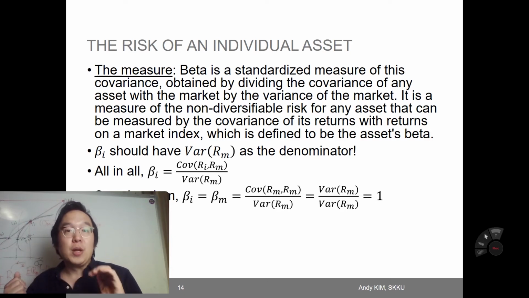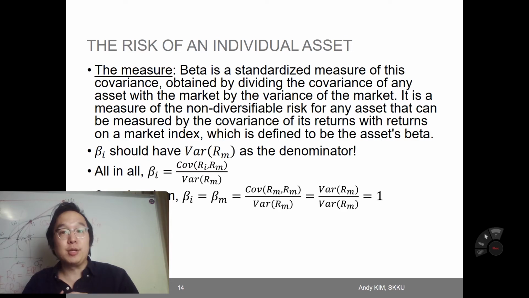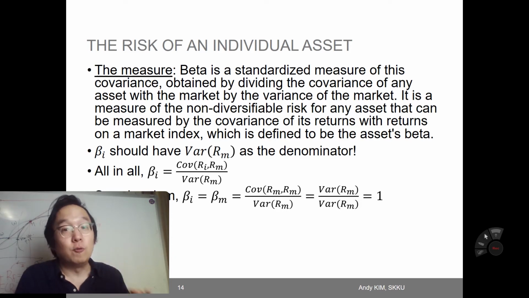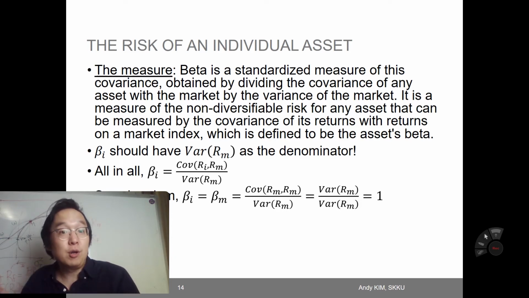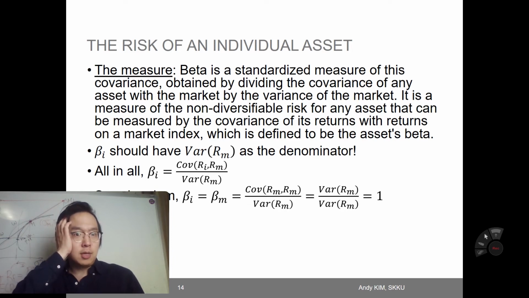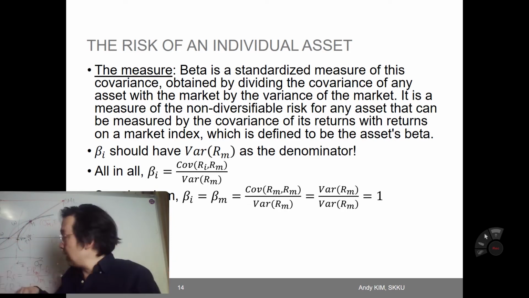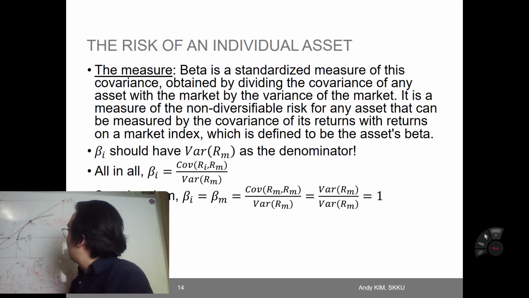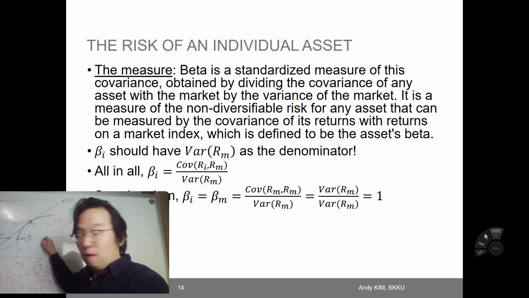It is a measure of the non-diversifiable risk, okay, for any asset that can be measured by the covariance of its returns with returns on the market index, which is defined to be the asset's beta, okay? Beta sub I should have variance of Rm as the denominator.